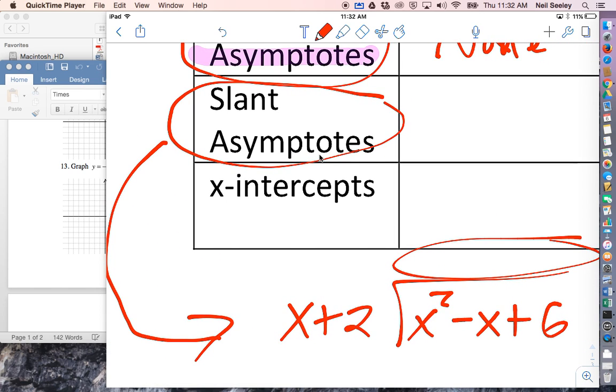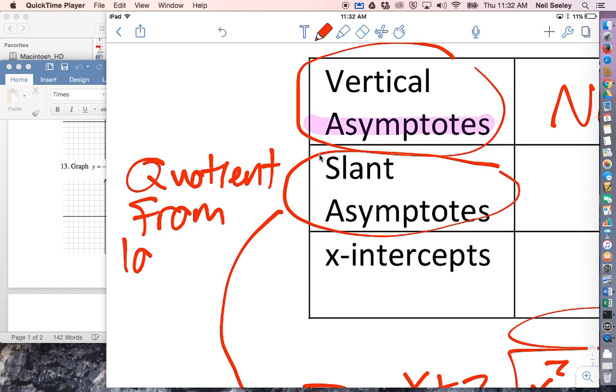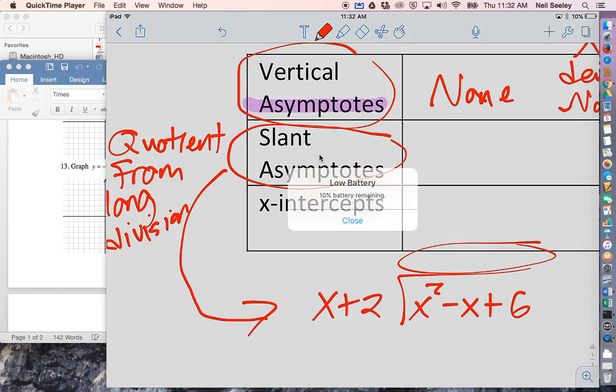So I need to put that in there. The slant asymptote is the quotient from long division. Okay, that's what it is. And if you want to think of it more broadly, the long division, that quotient, just tells you the end behavior, what your graph does at the end. Even in this case, it does a nice job of that.